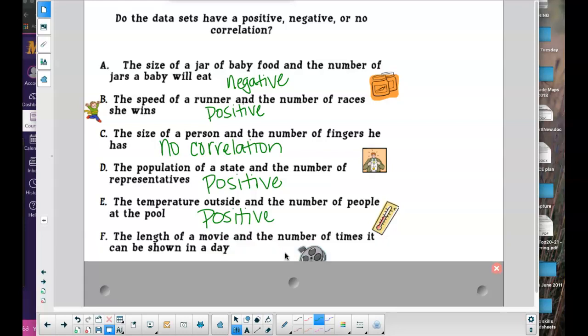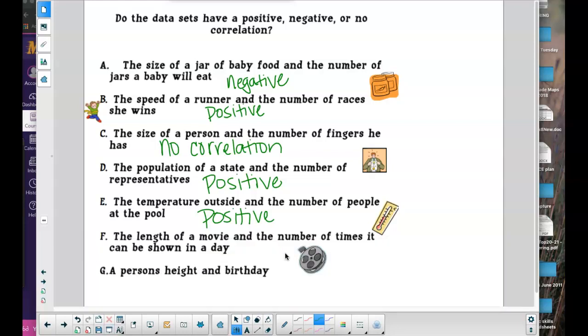How about this one? The length of a movie and the number of times it can be shown in a day. What do you think? Positive, negative, or no correlation? Negative. Can you explain that? Because the longer the movie is, the less times they can show it in a day. Right. So, if the movie was 1 hour long, it could be shown 24 times.